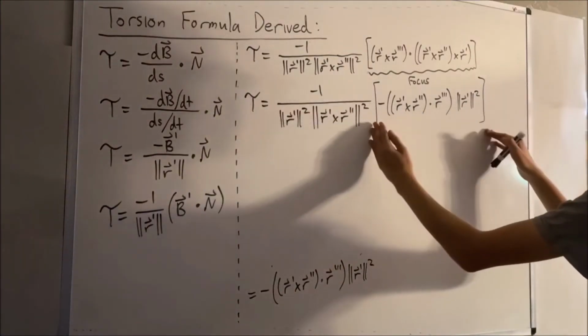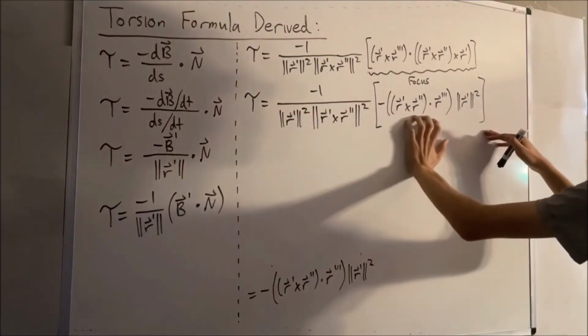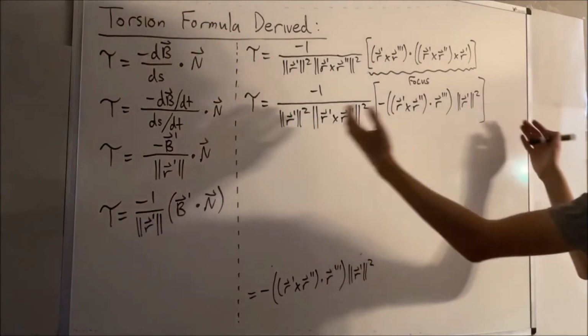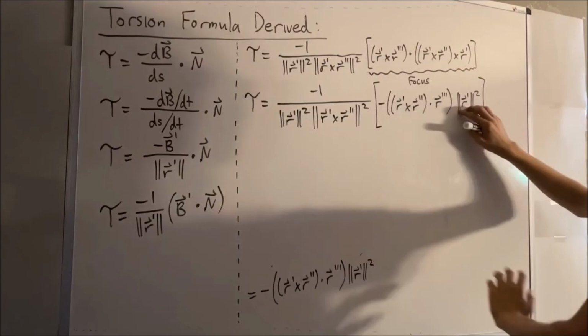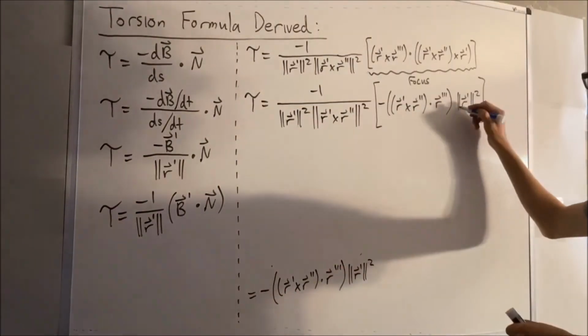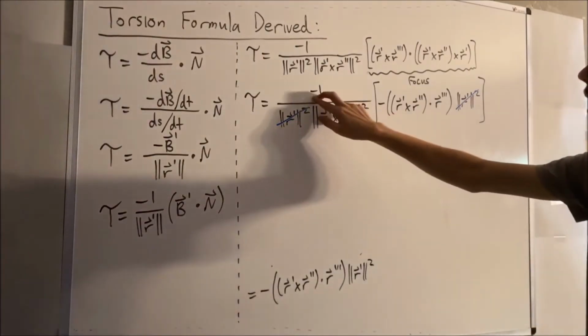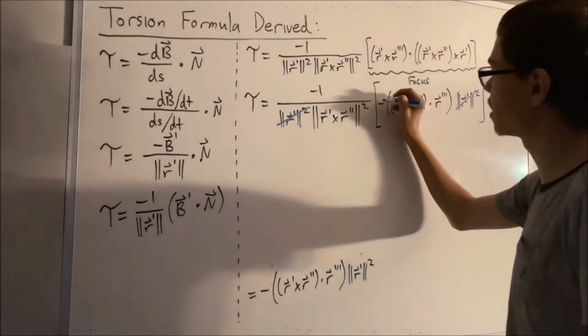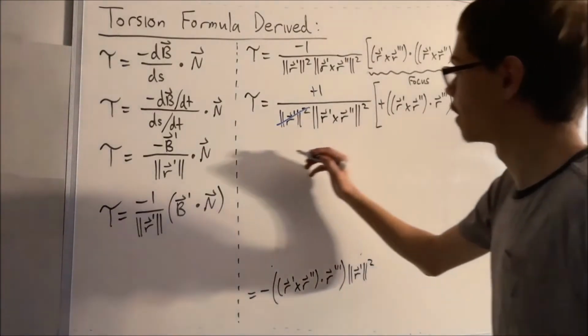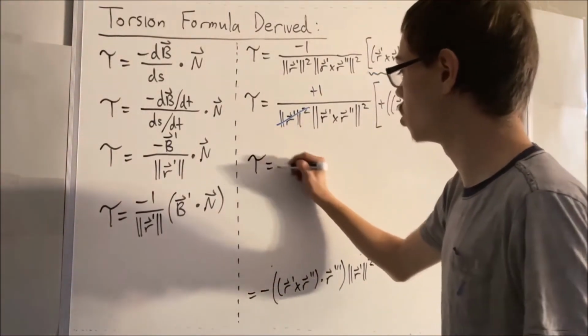Notice how in these brackets, really all this is a scalar times a scalar. That's all it is. And so really what we have is the magnitude of r prime squared and the magnitude of r prime squared cancel out. The two negatives multiply together to become positive. So now you can really see what we have left in the numerator.